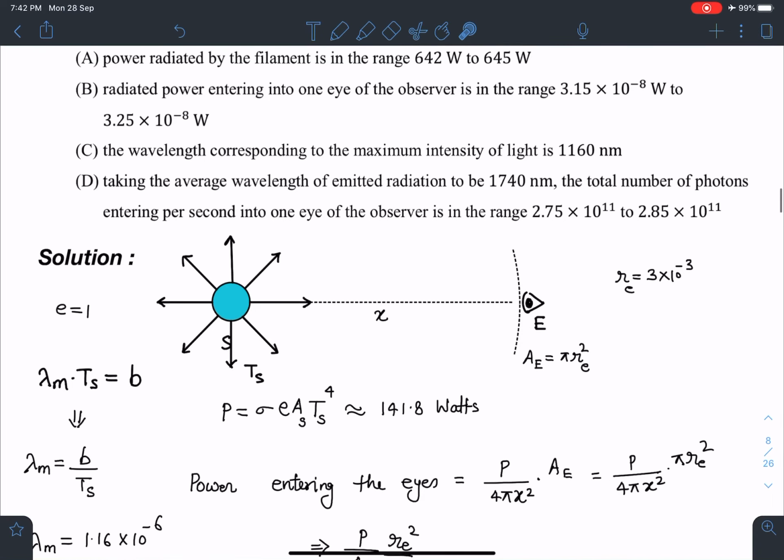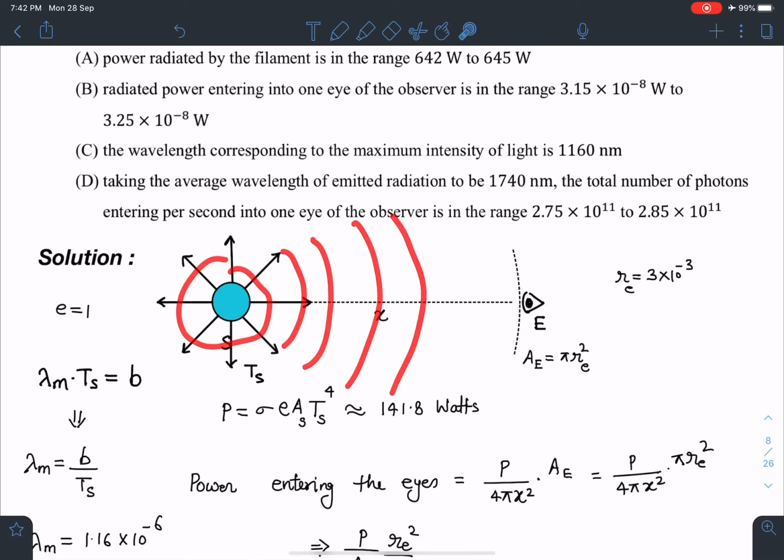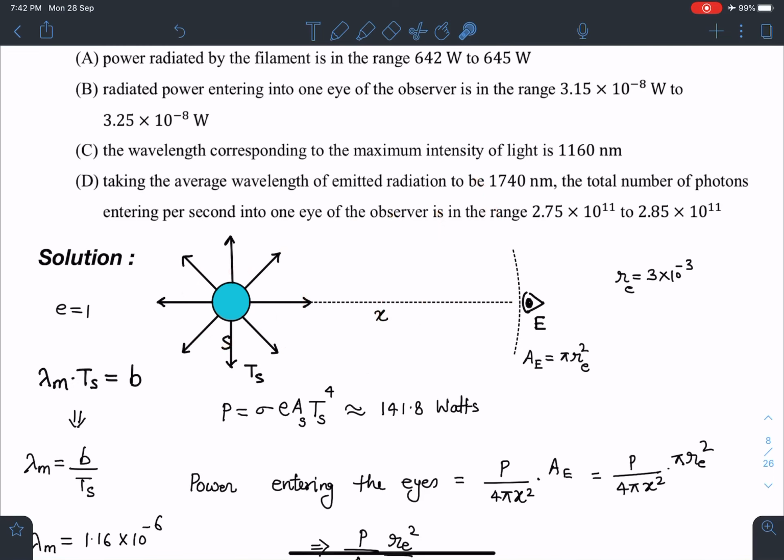Then the power entering into one eye. So this source power P is given. You can see these wavefronts are going to move as spherical wavefronts. So at a distance of x, the intensity of emitted rays will become P divided by 4 pi x square, because we are treating it as a point source, times the area of the eye.